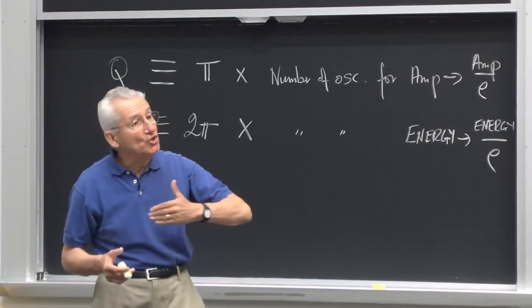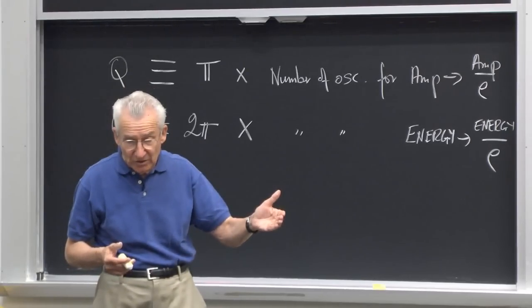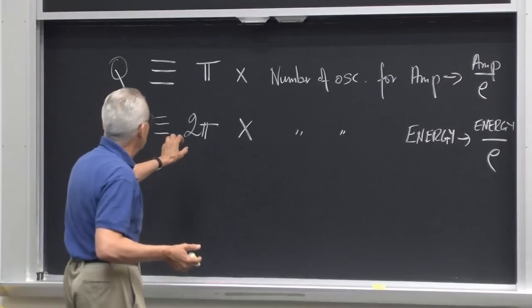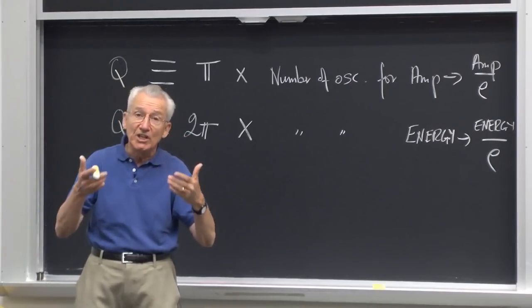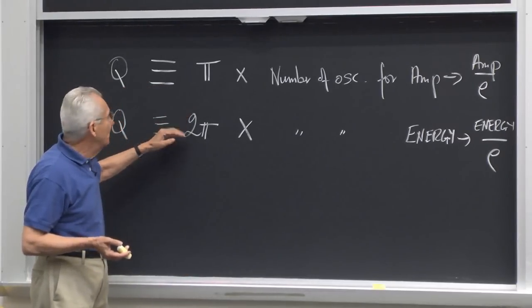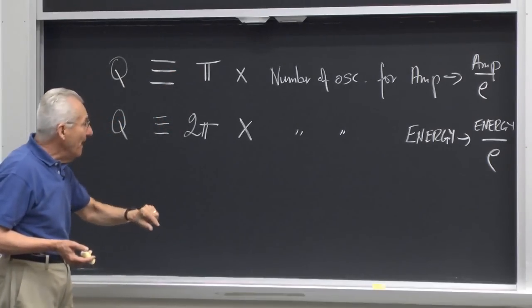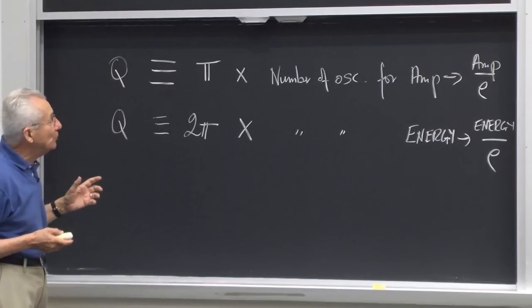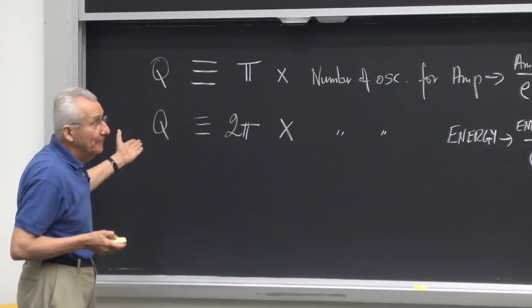If you're talking about the change of phase rather than number of oscillations, you have a 2 pi there, because in one oscillation the phase changes by 2 pi. So historically, this came in, and that's equivalent to this. And so we have to calculate that.